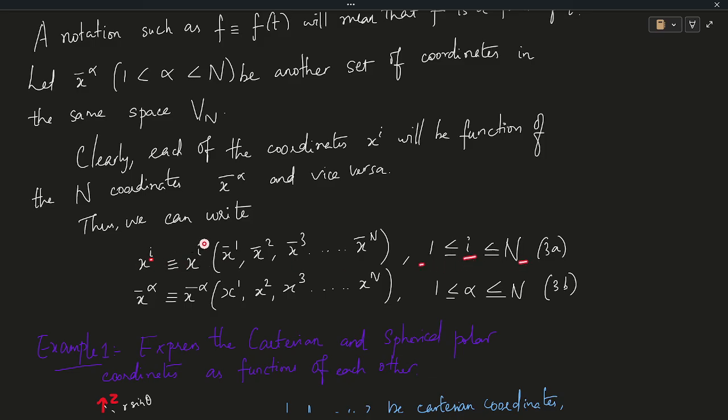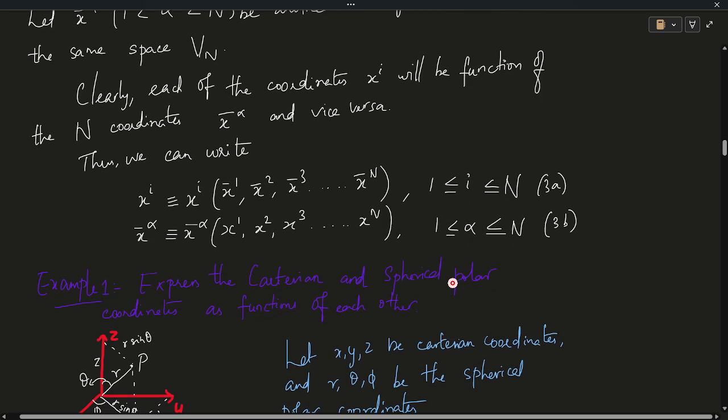So x1 is a function of all these barred coordinates. x2 again is a function of all the barred coordinates. And x3, and it ends at n. Very similarly, alpha lies between 1 and n, meaning x bar 1 is a function of x1, x2, ..., xn, and x bar 2 is also a function of x1, x2, x3, ..., xn. That is why we have written it this way.